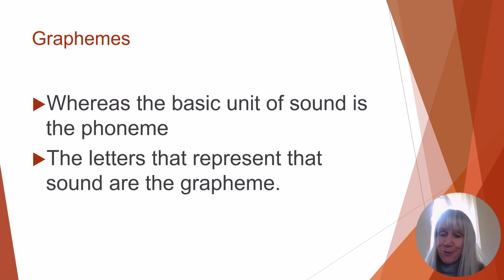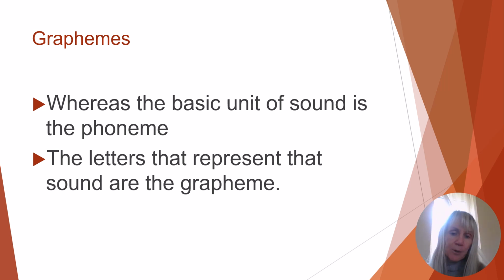So far, we've learned about three emes. We learned about the phoneme, which was our major consideration, being that this book is called All About the Sound, and phoneme is all about the sound. Then graphemes, which are the letters that represent that sound.